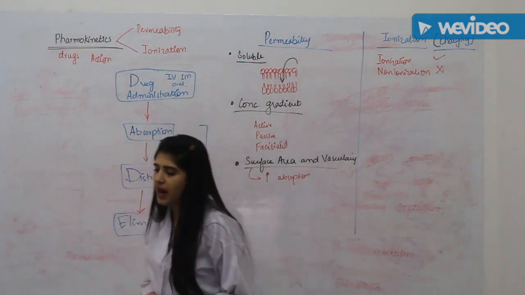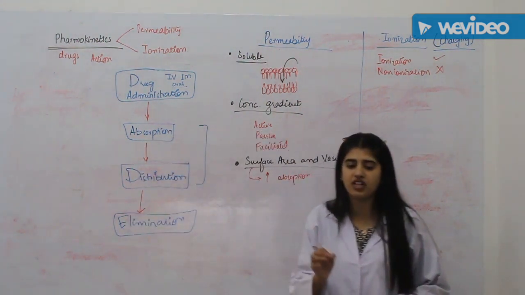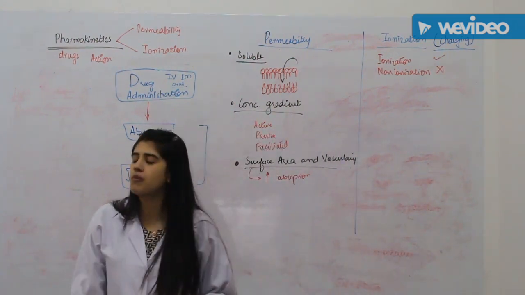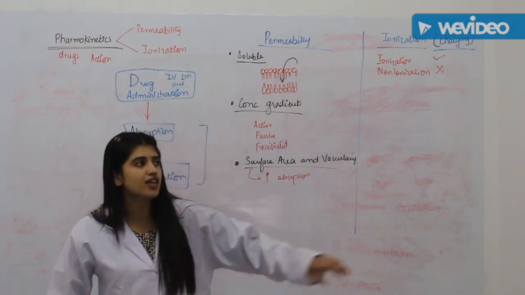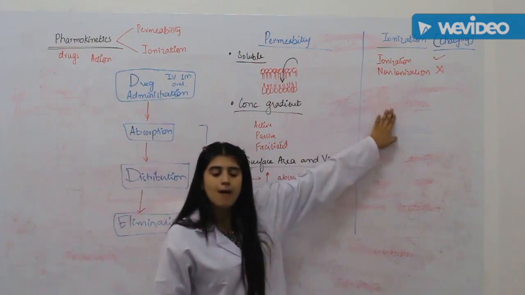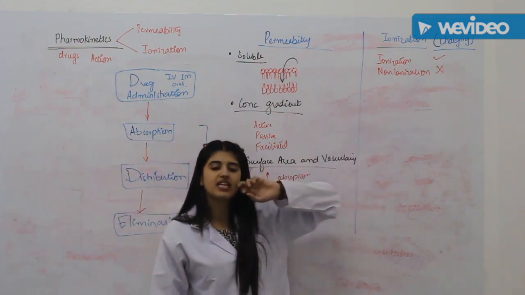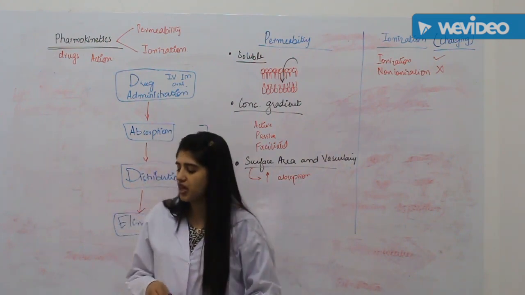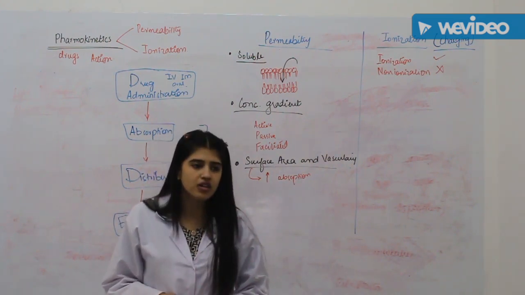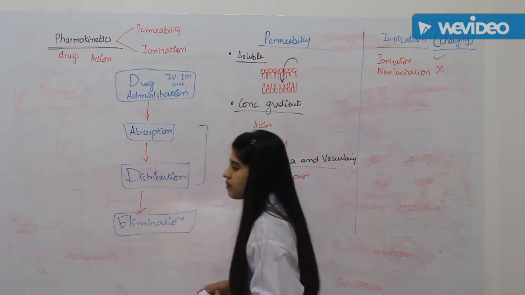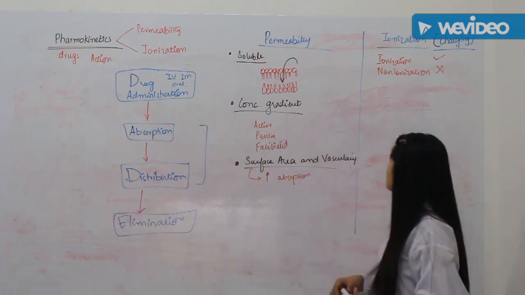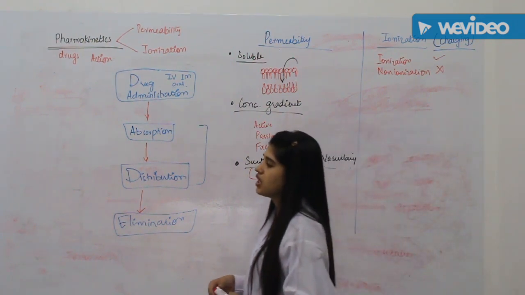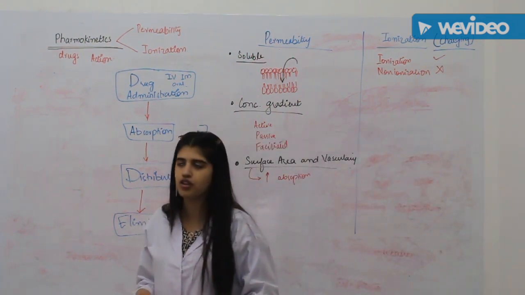So charged particles cannot easily cross the membranes. But non-ionized particles, where there is no charge, can easily cross through the membranes. You get my point? Charged particles cannot cross the plasma membrane, but uncharged particles can easily cross.